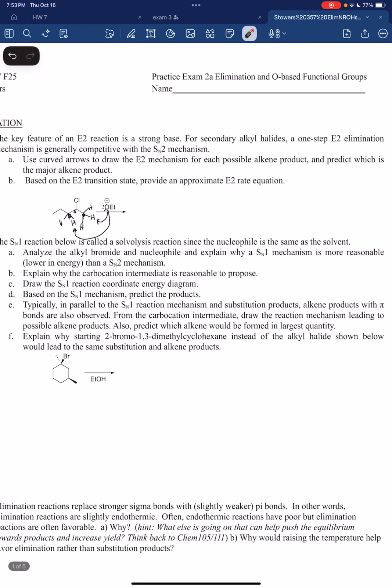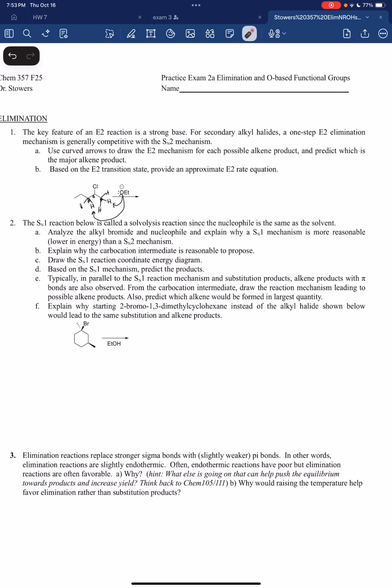From the carbocation intermediate, draw the reaction mechanism leading to possible alkene products. Let me think about this real quick. So this is just referring specifically to E1.